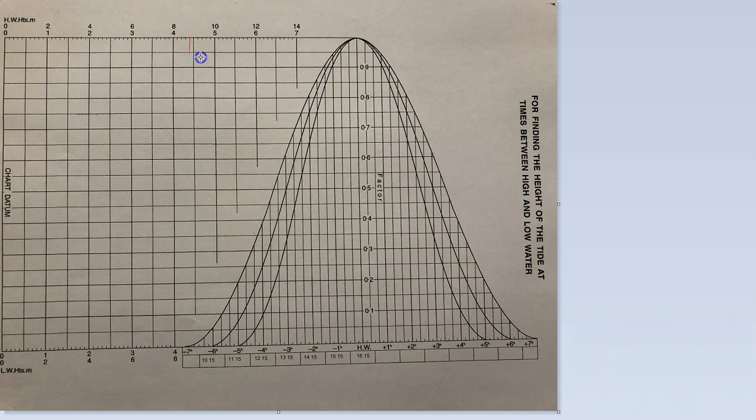All I'm doing is connecting the height at high water, which is over there, to the height at low water. Because I used the doubled up scale at the top, I'll also be using the doubled up scale at the bottom. The height I'm looking for at low water is 3.3. We've got 2 over here, 4 over there, so 3 is over there.